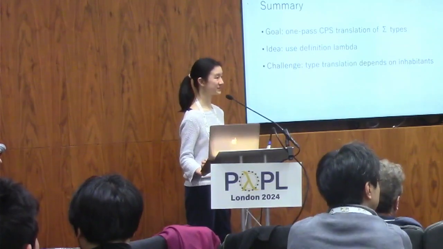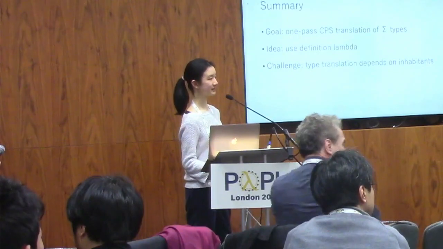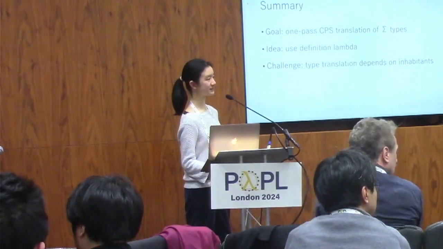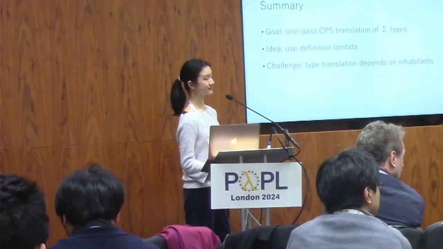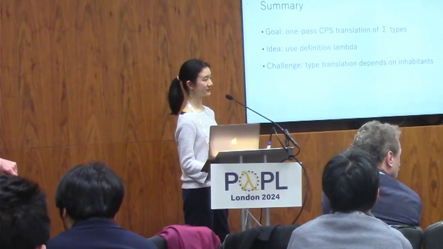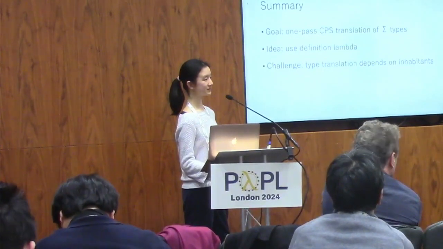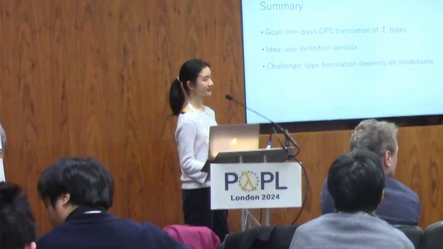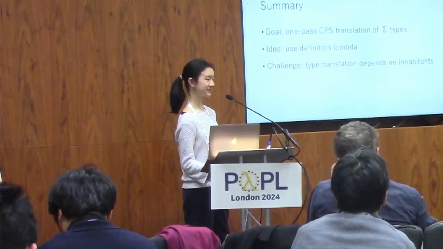Very pretty talk. It seems like you've got these sigma types and you actually know what the left-hand side of the value of the sigma is, the first component of the pair. So maybe you could make that manifest in the type instead. You have a sigma type where you record in the type what the witness is, and then maybe that gives you more information.